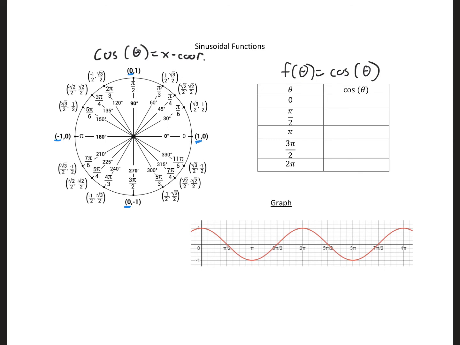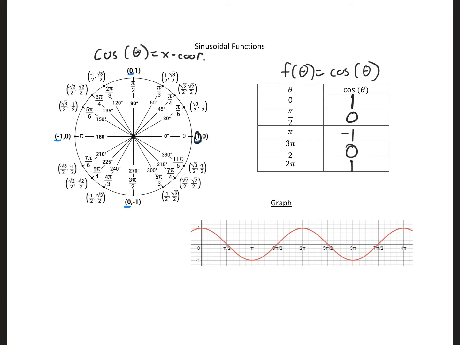So cosine of 0 is actually 1. That is referring to this point right here. When we're at 0 radians, the x-coordinate's 1. At pi over 2, it's 0. At pi, the x-coordinate is negative 1. At 3 pi over 2, the x-coordinate is 0. And at 2 pi, we'd return all the way around the circle, and so the x-coordinate there is 1.